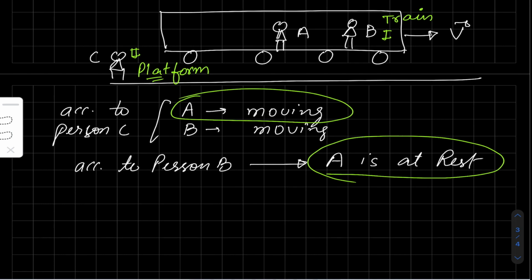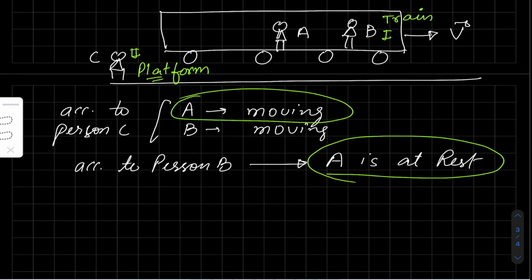So person C, at the platform, is observing from the platform, which is at rest. So A is moving, B is moving with the train, and if B watches A from the frame of reference of the train, A is at rest.